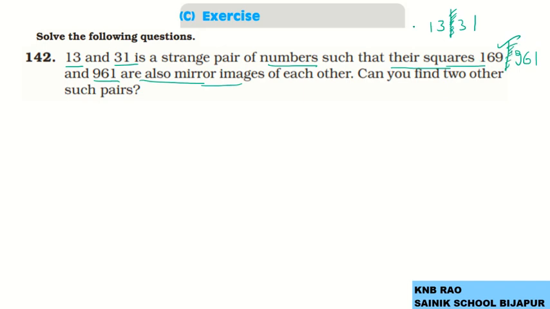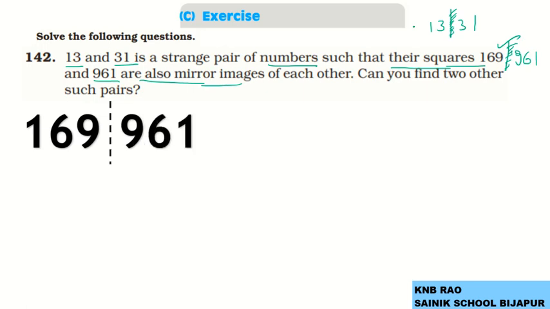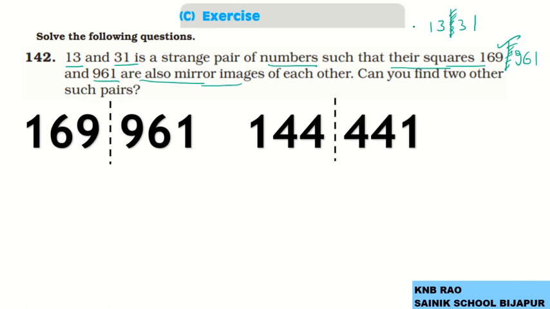What he says is, can you find two other such pairs? Beyond 169 and 961, which are the other two? I am giving you 144 and 441. Why? Because it is 12 square, and it is 21 square, correct?